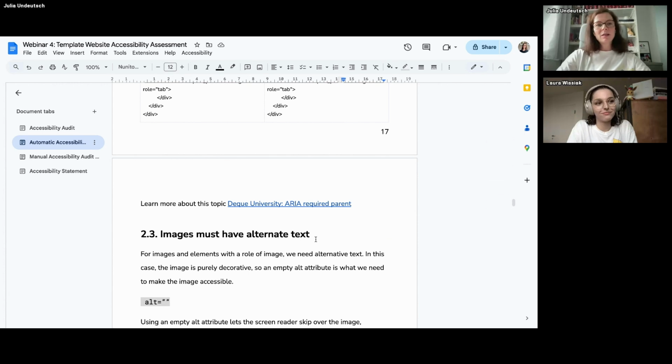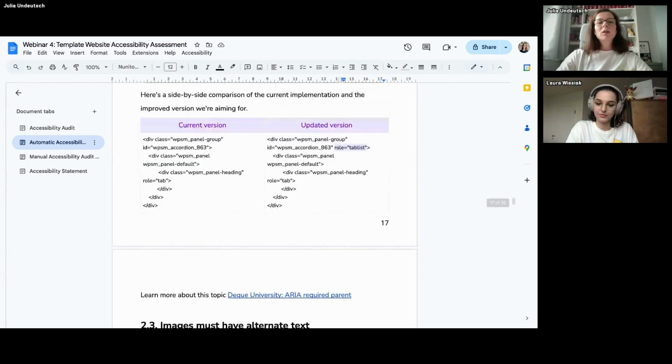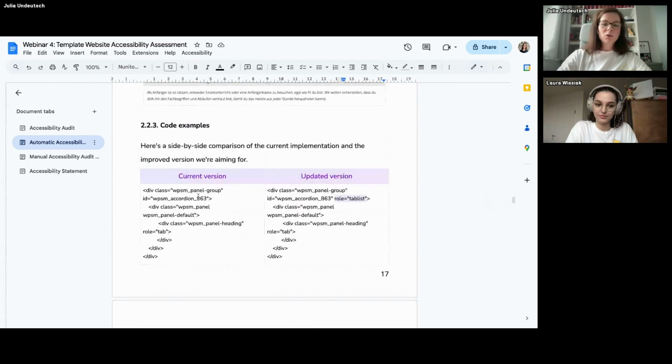So I would say that if you practice and start using it, then you will get better at it. And I think you do not have to be a developer to do an audit. Maybe when you're a designer, you will not be able to write the whole code part, but I do not think this is necessary.